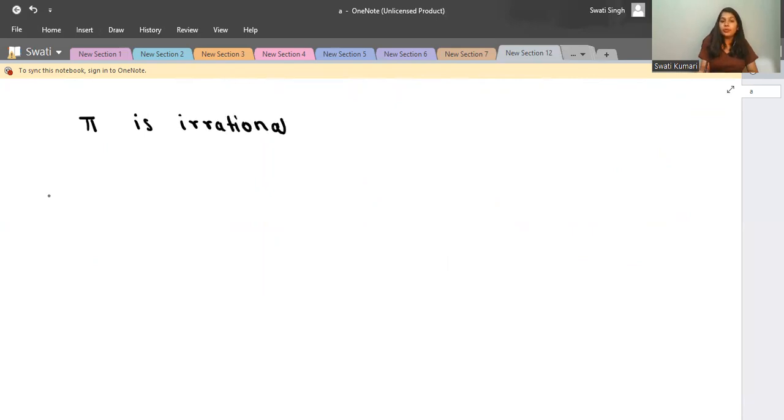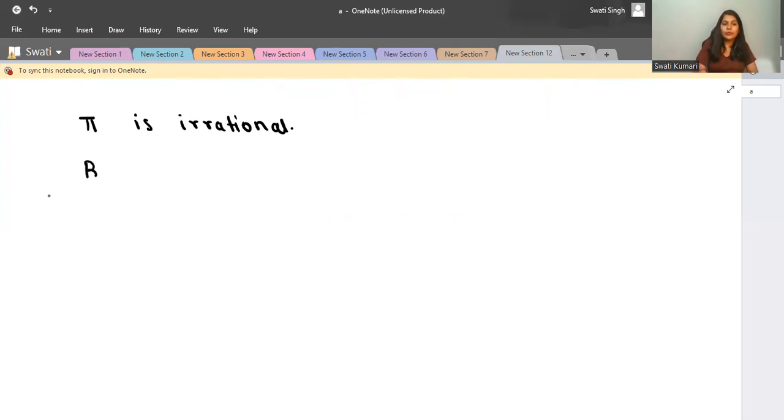Because if you just Google the value of pi, you will see something like 3.14 and a lot more. It will never stop. Because that value is never going to stop, it is non-terminating and non-repeating. It is not going to terminate anywhere, so there is no stop at the end. That is why we can say that pi is irrational.